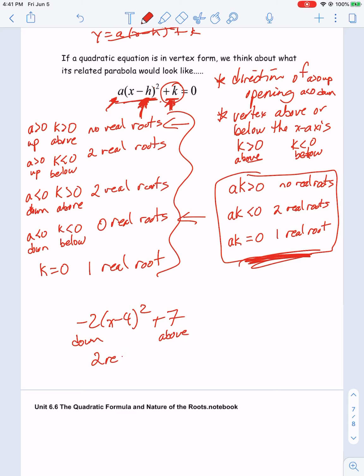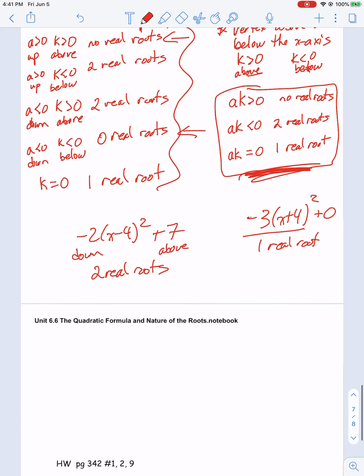That's 2 real roots. Or if you have negative 3(x plus 4) squared, this is also factored form, right? This is 1 real root. That means that you're adding 0. That means that it's not above or below. This is 1 real root. Doesn't matter if this is a plus 3 or a minus 3. It doesn't matter the direction of the opening in this case.